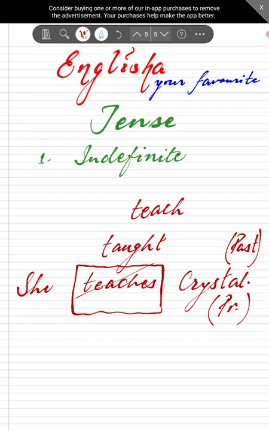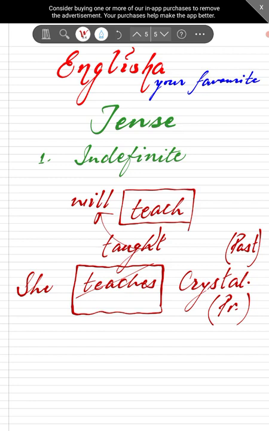First of all, change it in V1. Okay, and just write this teach either with shall or will. Now here we need to use will because she takes will, not shall. Now the sentence is she will teach Crystal.